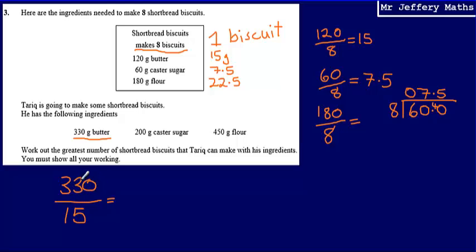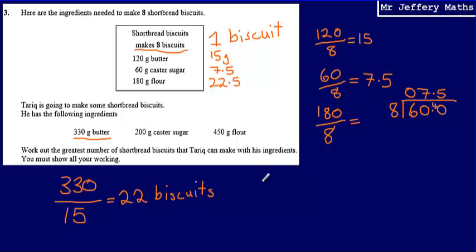And then how many 15s would be in 30? That's 2. And so 330 divided by 15 is going to give me 22. Obviously, this is a non-calculator paper, so you are going to need to find methods that work for you when you're making these calculations. So if we used up all of the butter, I'd be able to make 22 biscuits.